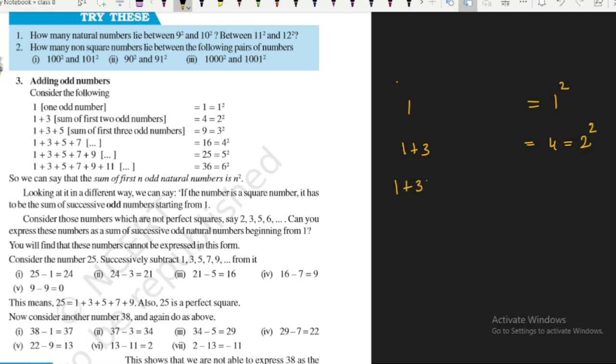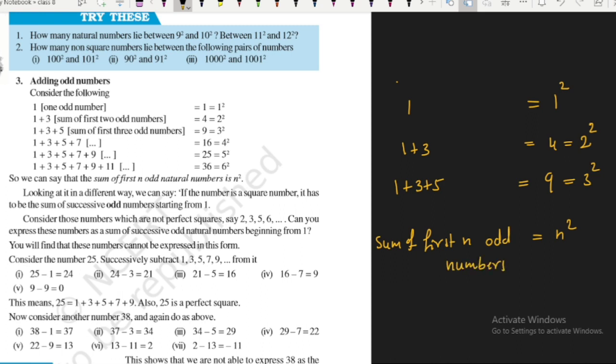Similarly, 1 plus 3 plus 5 is 9, which is 3 square. So the sum of the first n odd numbers gives n square.